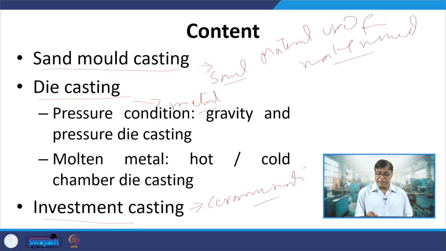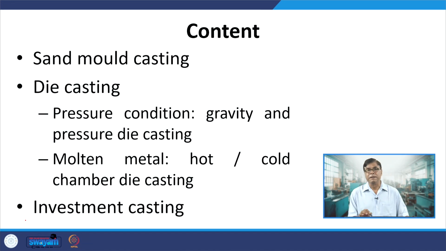This difference in the mold material used in these three types of processes brings in a significant difference, which in turn affects the quality of the casting being produced.